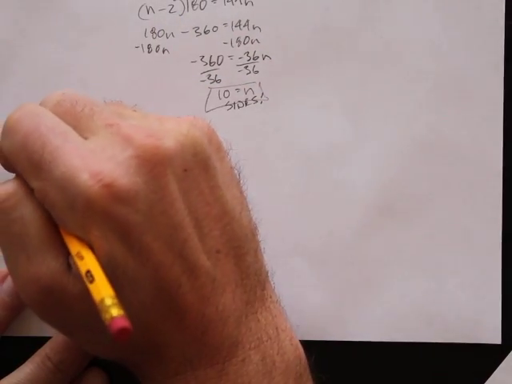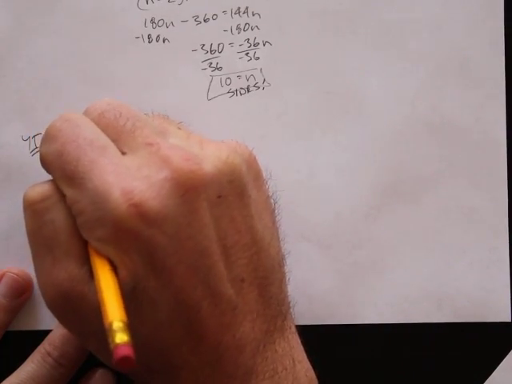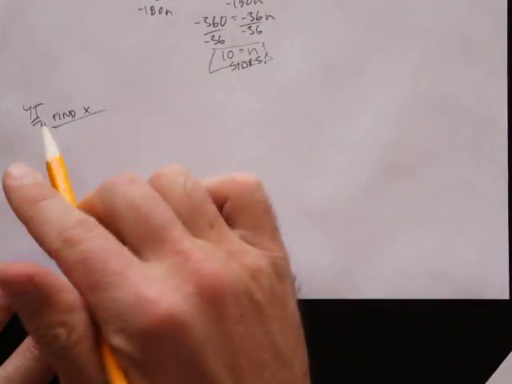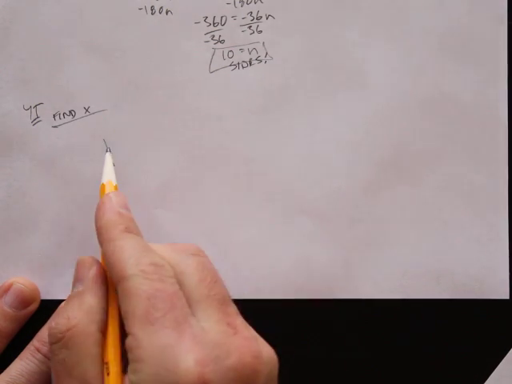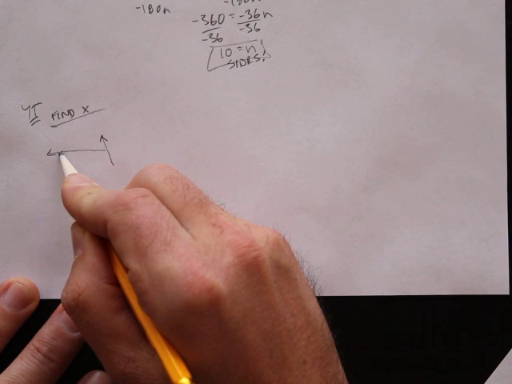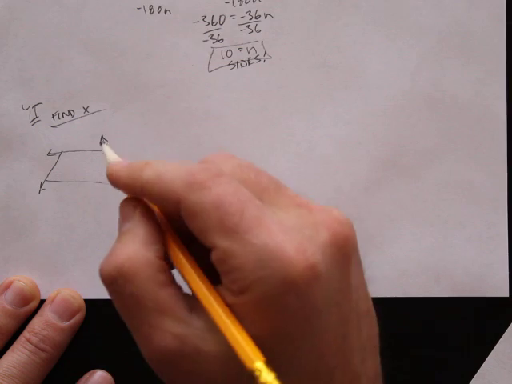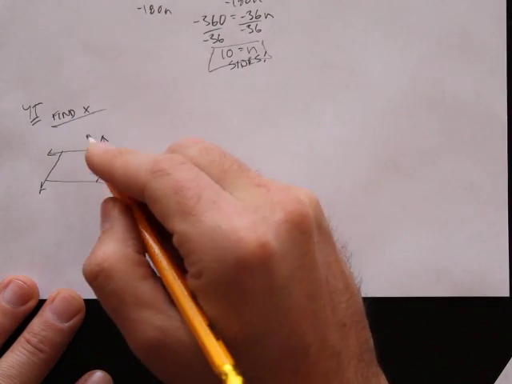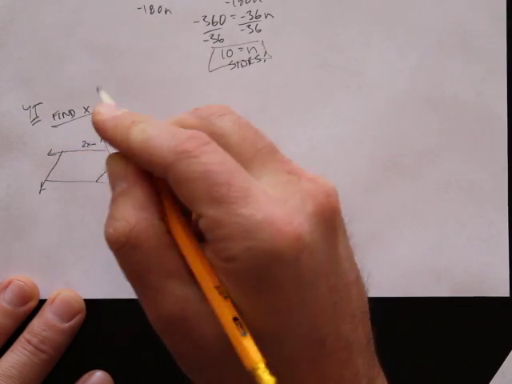So here's the U-try, and it is find the value of x. I've got a pentagon. It's not a regular pentagon. This angle here is 2x minus 5.